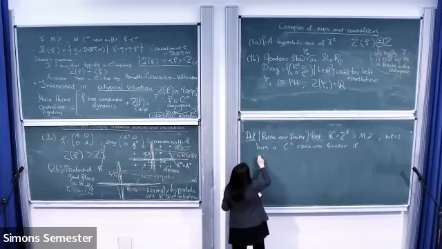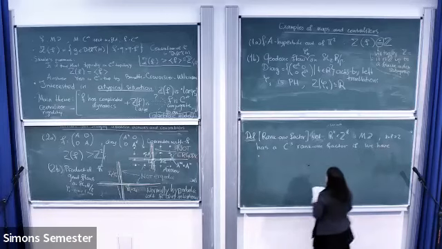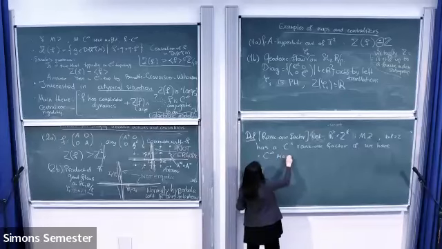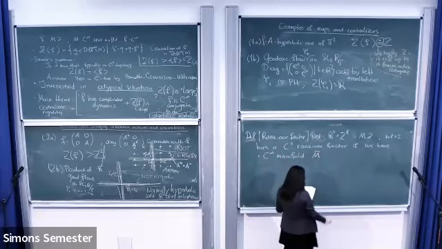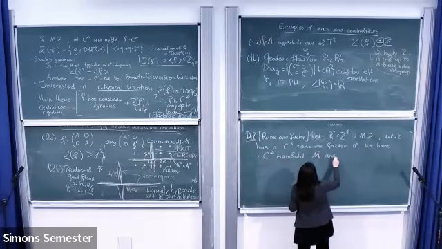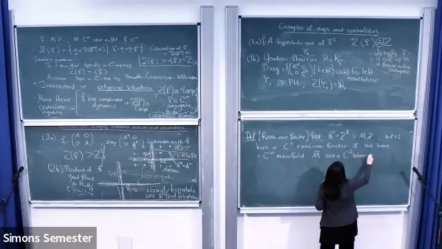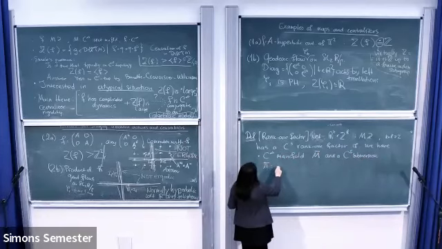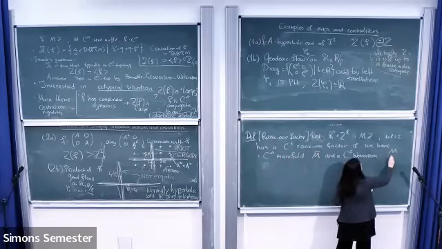There exists the following data. We have a smooth manifold, let's say M bar, and a CS submersion phi from M to M bar, which is the factor.